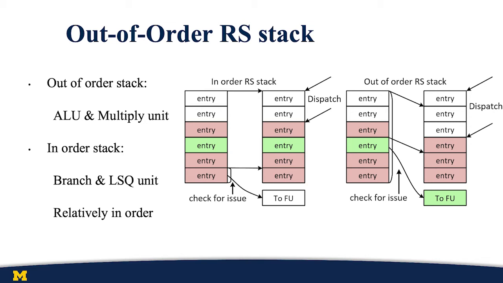As shown in the diagram, it is actually not a stack but FIFO style to ensure it always sends the oldest instruction available. To reduce the logic complexity, branch units and LSQ units use an in-order stack, which will issue the instructions relatively in order.